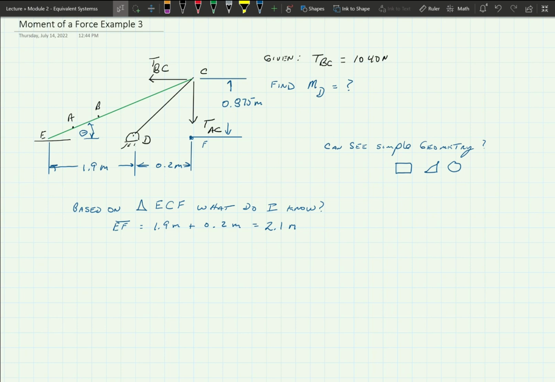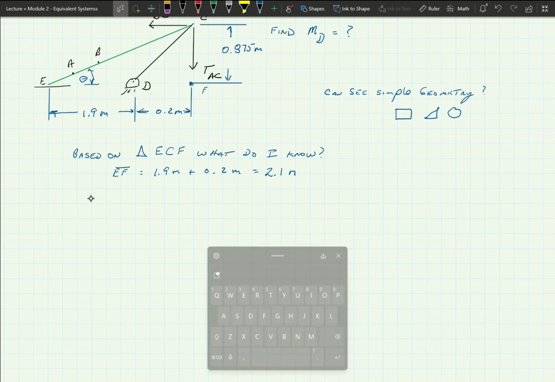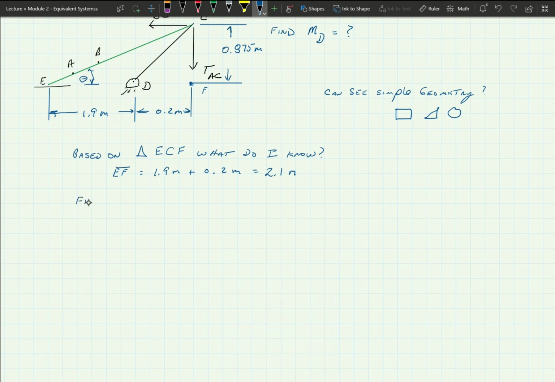Not so sure I need that. But they didn't give me an angle here of theta. I do need theta, so let's go find theta. If I need to find theta in this case, but I know the sides of the two triangles, why not do it that way?